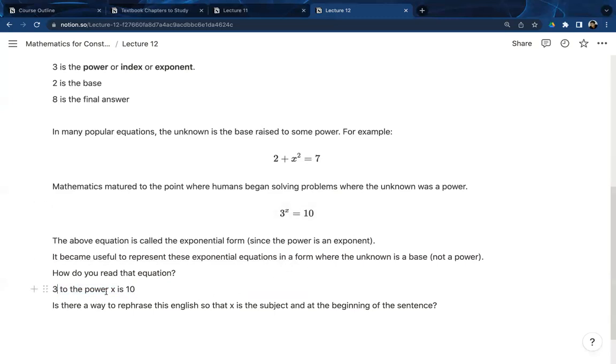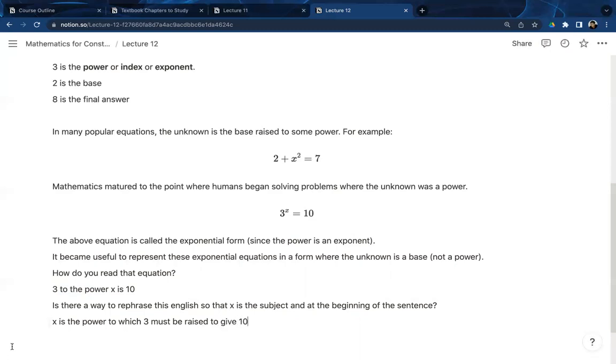We want to rephrase this English so that not only is x the subject, but it is at the beginning of the sentence. So another way of saying this: x is the power to which 3 must be raised to give 10.